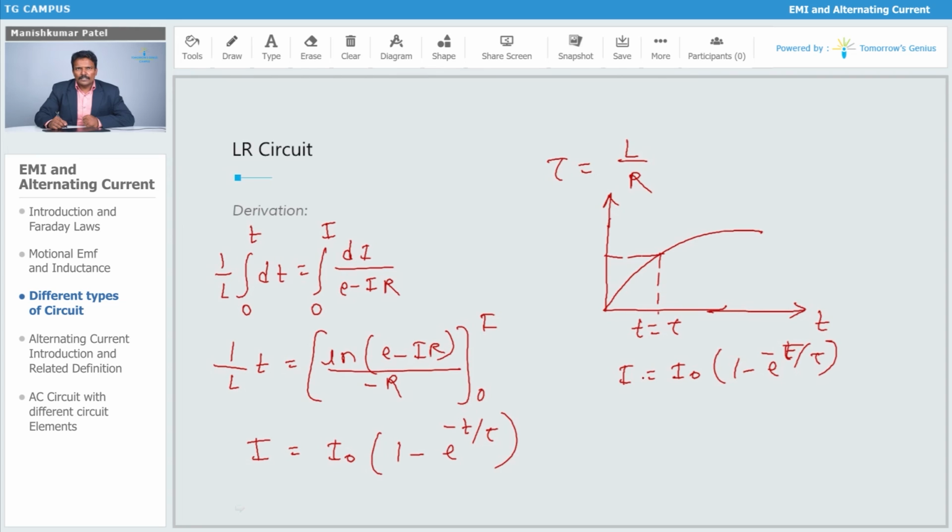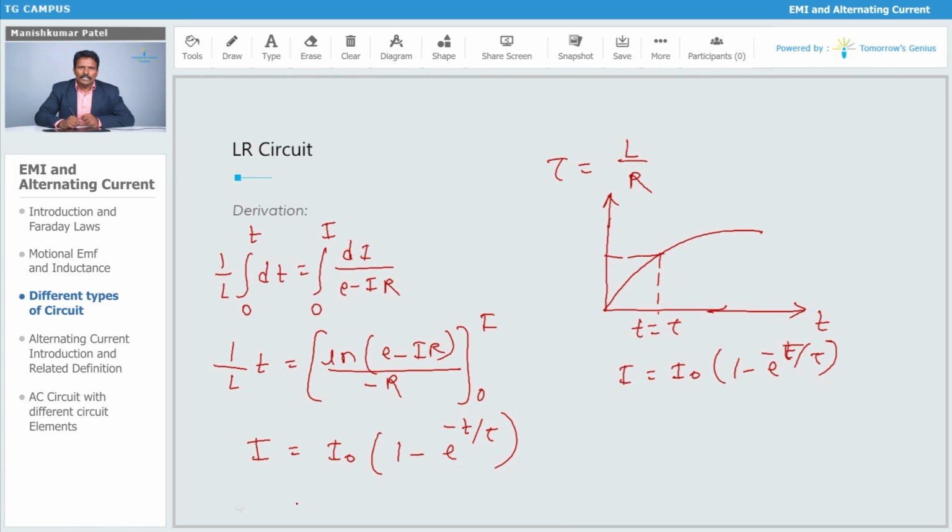This LR circuit will act as a short circuit after a very long time, so the inductor acts as a short circuit, and this is the value of current. This expression lets you find the value of current at any instant of time.